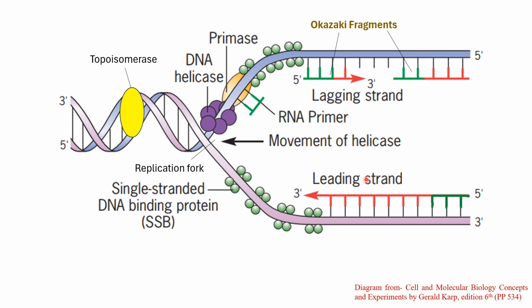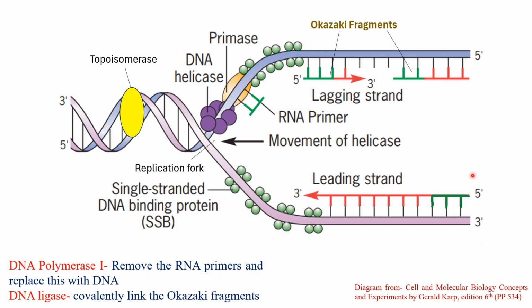As a result, one of the strands will replicate in the same direction as the replication fork, and the other strand will replicate in the opposite direction of the replication fork. The strand which is synthesized in a continuous manner is called the leading strand, and the strand which is synthesized in a discontinuous manner is called the lagging strand, and each fragment of the lagging strand is called an Okazaki fragment.